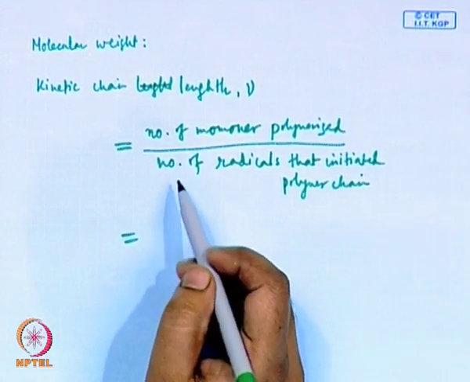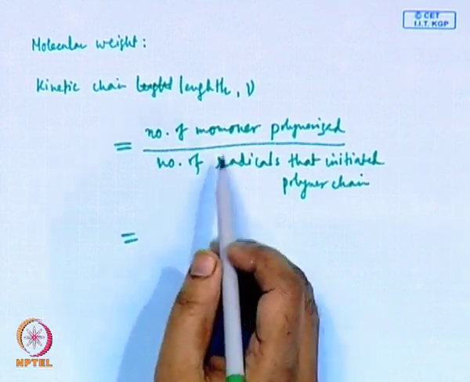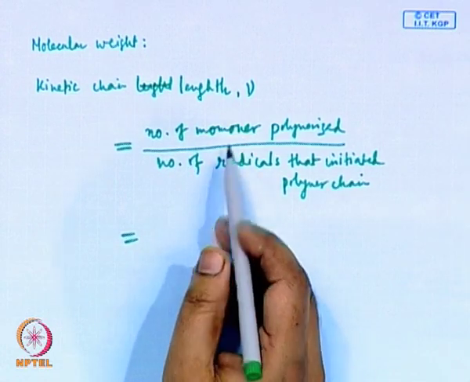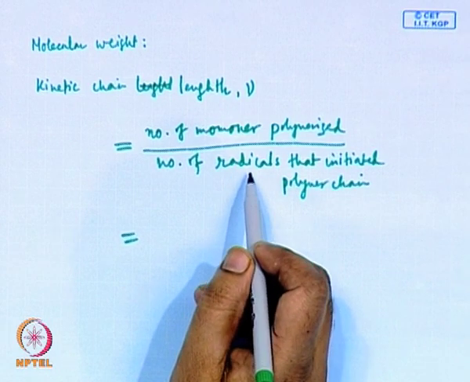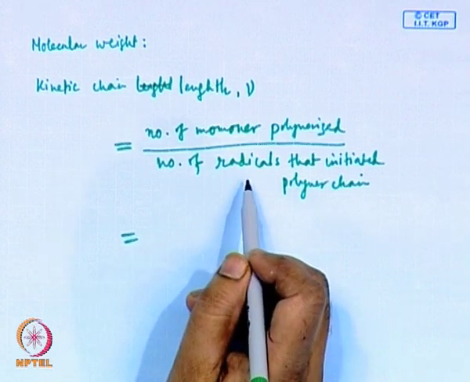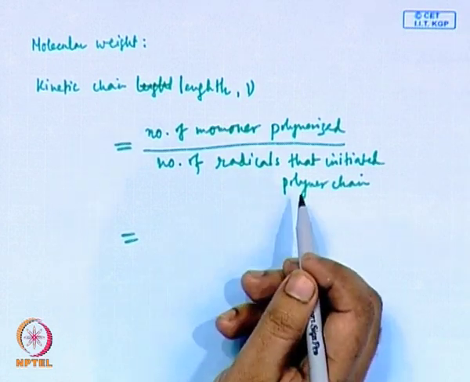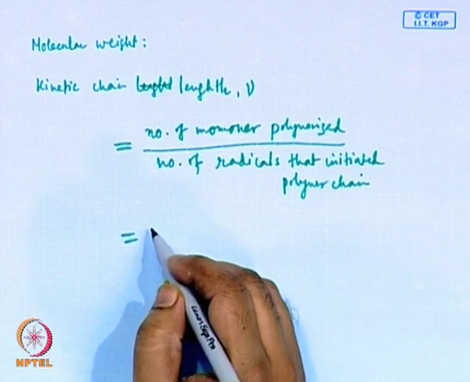Considering time, we can say that the top one is the rate of polymerization, the rate of disappearance of monomers, and the denominator is the rate of formation of the radicals, which is nothing but the rate of initiation reaction.